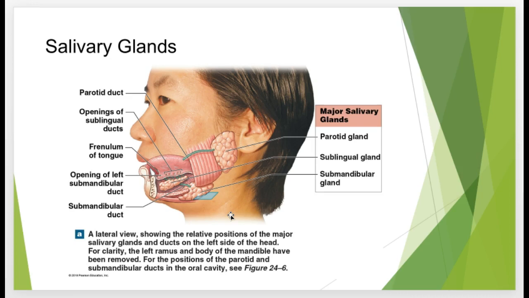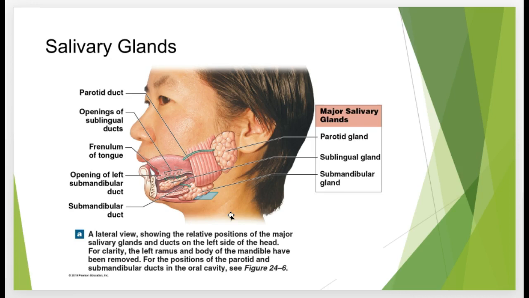Take the same experiment, put a piece of red meat, turkey, chicken, some kind of protein on your tongue. See how long it takes to dissolve. Hint, it doesn't. You don't have the enzymes in these salivary glands to break down anything but carbohydrates. So that's our big key point with that.